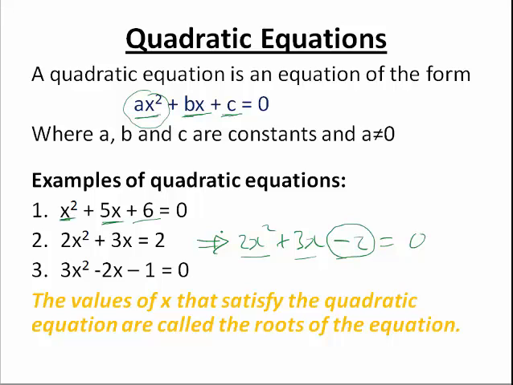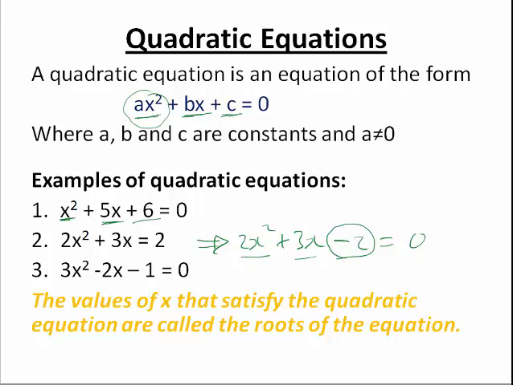Beautiful. We now move to the third example. The coefficient of x squared here is 3, the coefficient of x is -2, and the constant is -1, all set to 0. So it's the same form as we have up there. So these are examples of a quadratic equation.